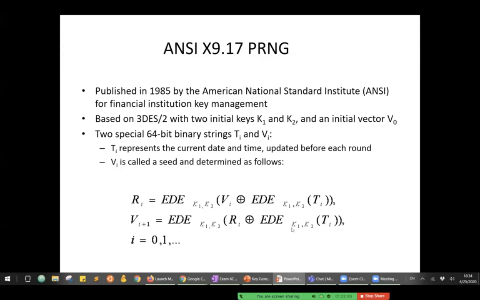If you keep running this algorithm, then you keep generating a 64-bit pseudo-random string one at a time. So R0 is the first random number, and then R1, R2, R3, and so on, keep going.